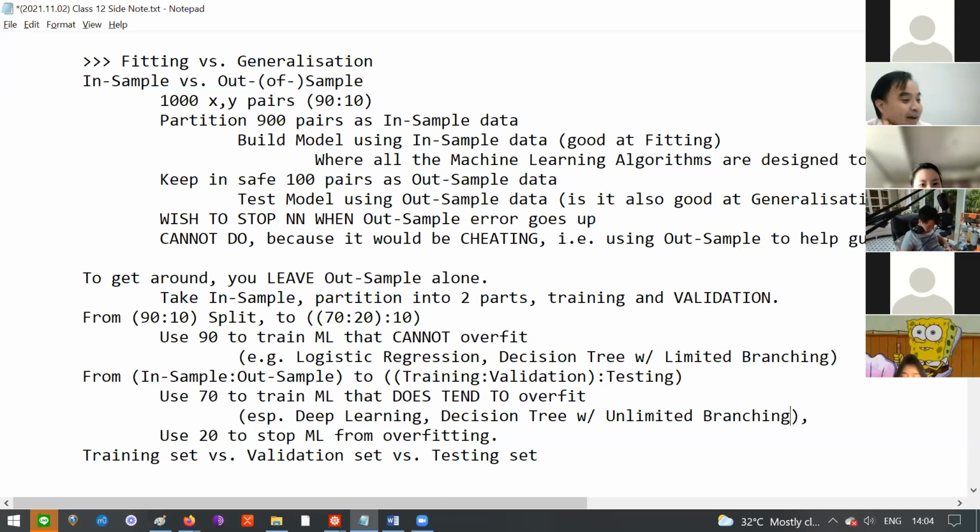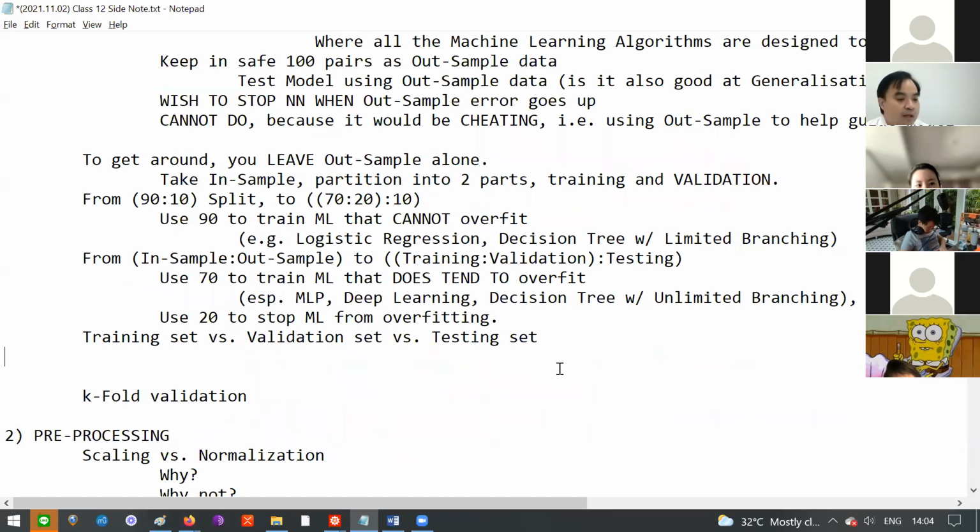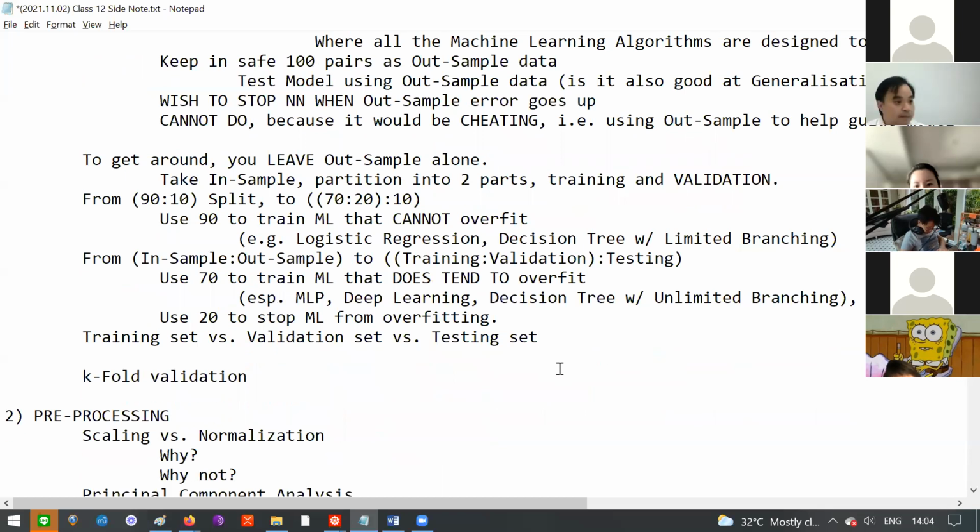That's why it's called memorizing, right? Deep learning, multi-layer perceptron, all kinds of stuff. So chances are you will be working with this. It depends on what you use.